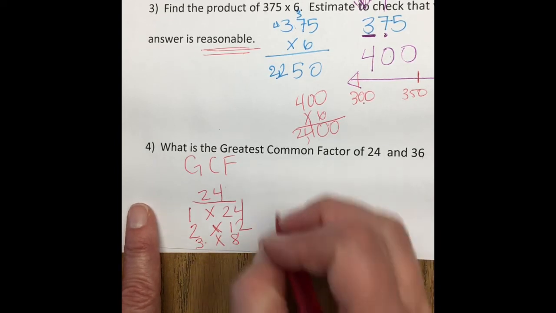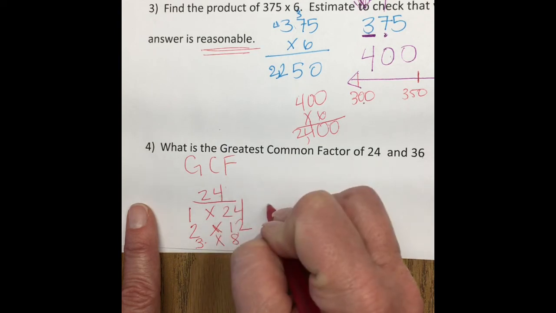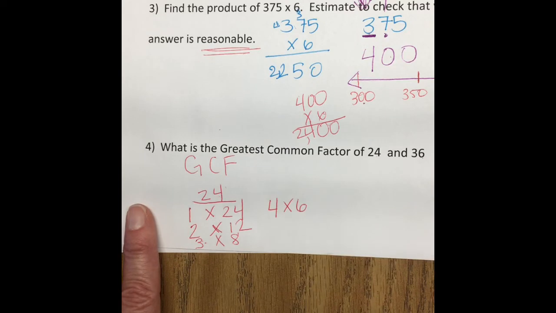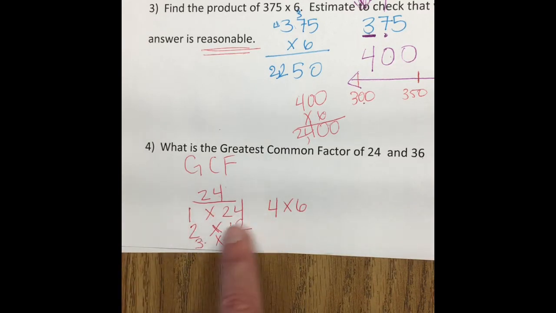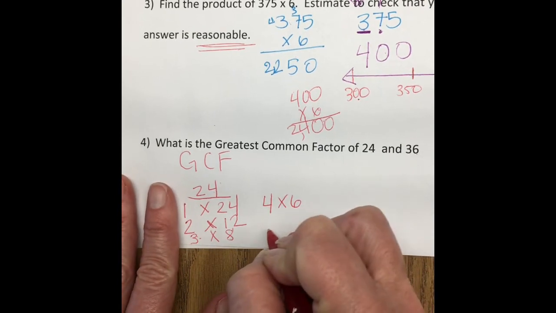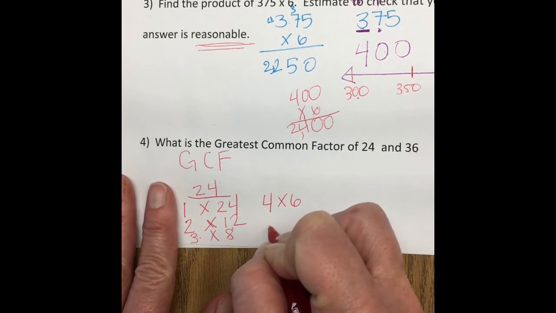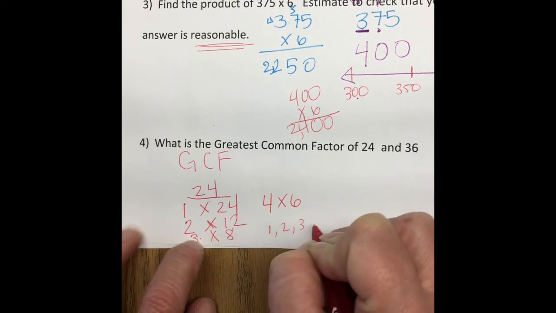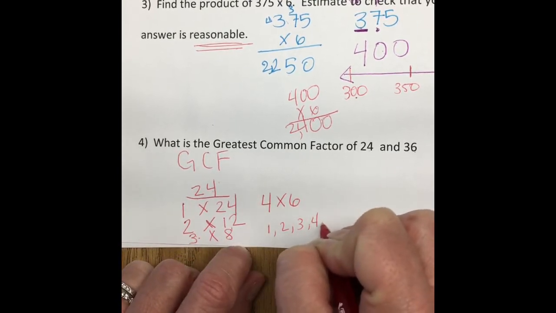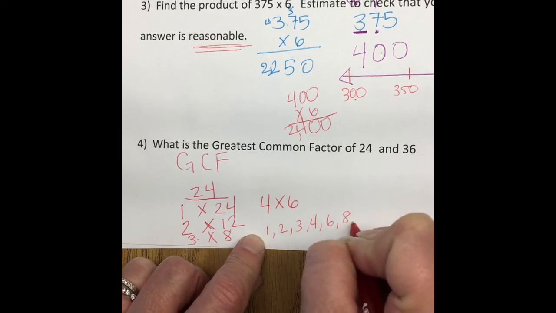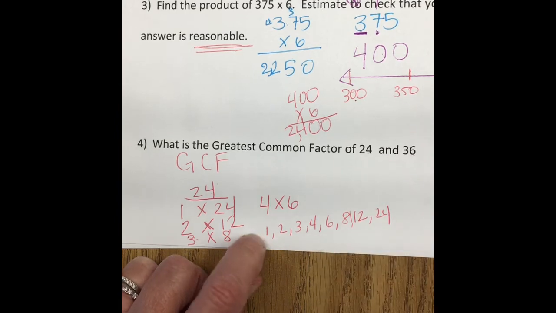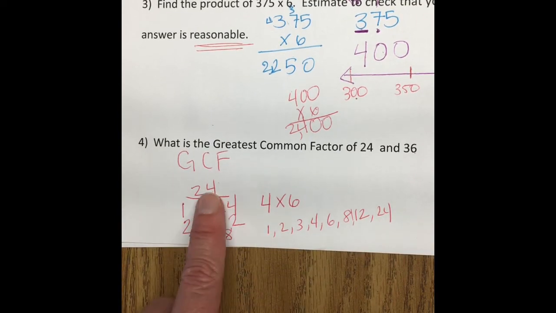I happen to know that 4 divides into 24, and 4 times 6 equals 24. So these are all my factor pairs of 24, and if I had to list them, I would list them from least to greatest, in order: 1, 2, 3, 4, 6, 8, 12, and 24 are all the factors of 24.